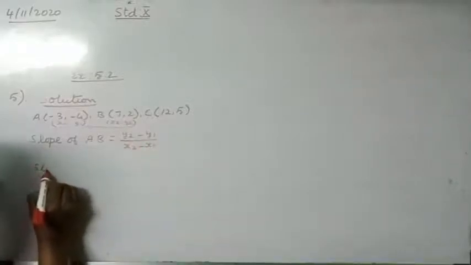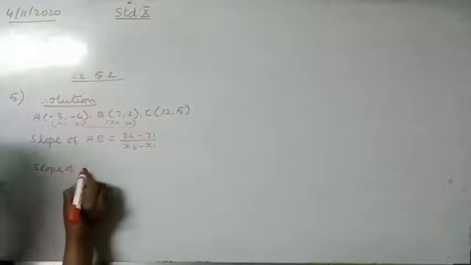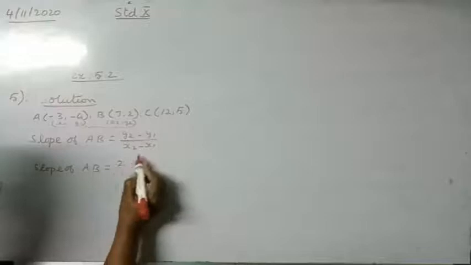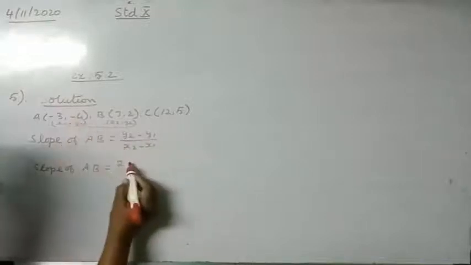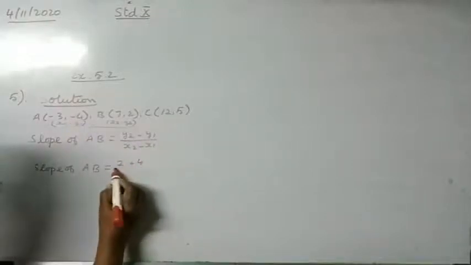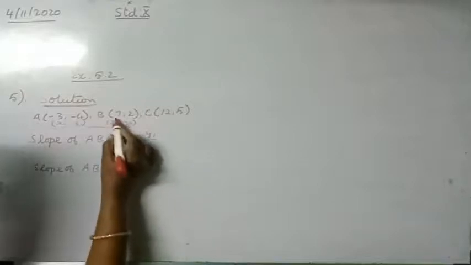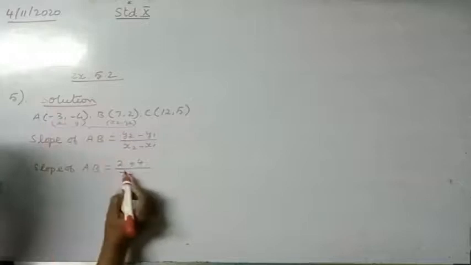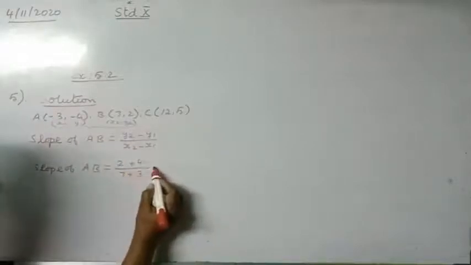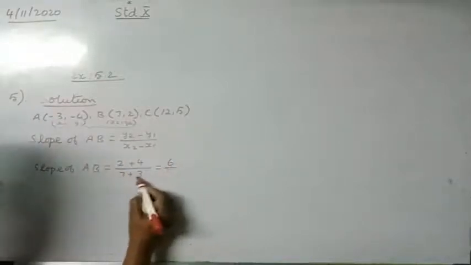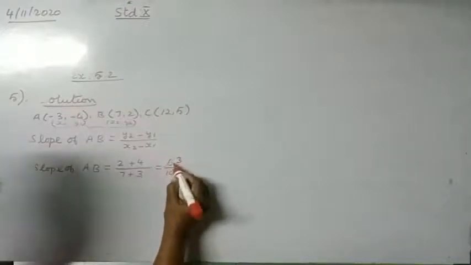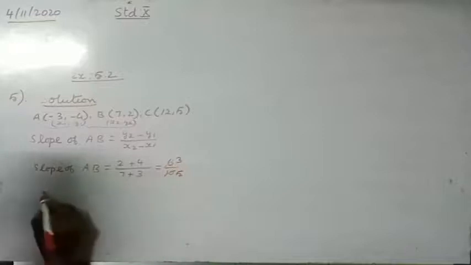So slope of AB is equal to 2, y2 is 2 minus y1 is -4. இங்க minus வரும்போது +4. Divide by x2 minus x1. x2 is 7 minus x1 is -3, minus minus +3. So 2 plus 4 is 6, 7 plus 3 is 10. Cancel by 2 table. It is 3 times, 5 times.